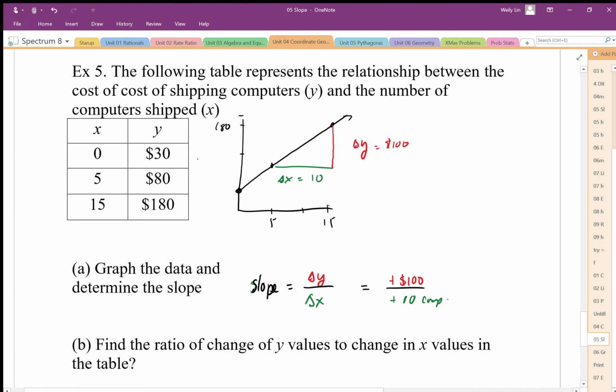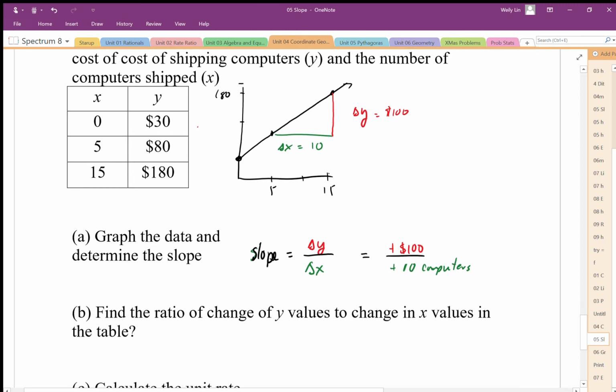So this is my slope. It's going to be $100 for every 10 computers. Maybe we'll do a unit rate or unit slope. It's going to be $10 per computer.